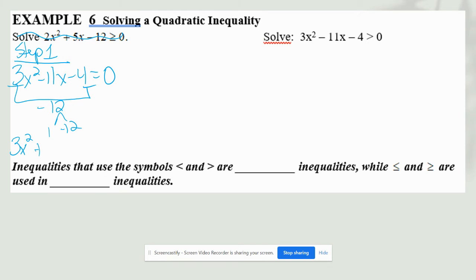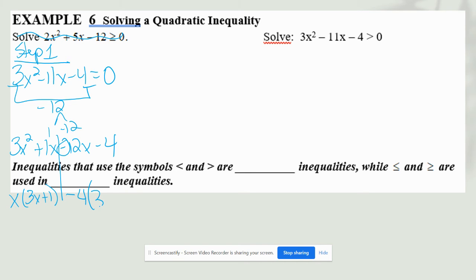We have 3x squared plus 1x minus 12x minus 4. Greatest common factor over on the left is x, leaves us with 3x plus 1. Second half starts with subtracting. Common factor on the right side is going to be 4.